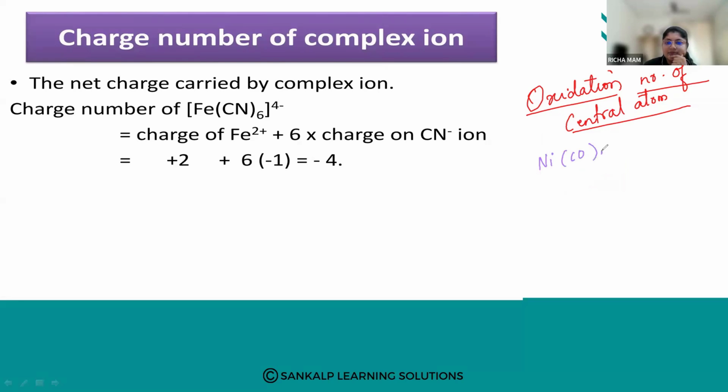I'm giving you an example: tetracarbonyl nickelate. 4 carbonyl groups are there, so we write it as tetra. Which is the central metal atom here, students?